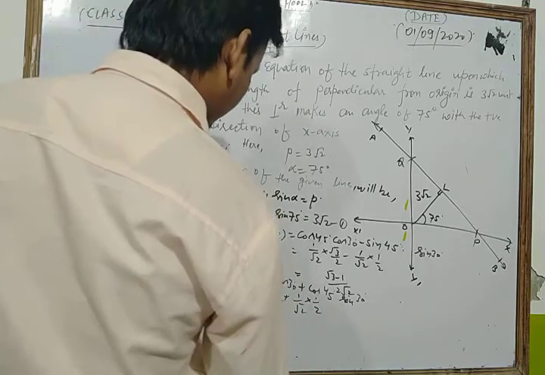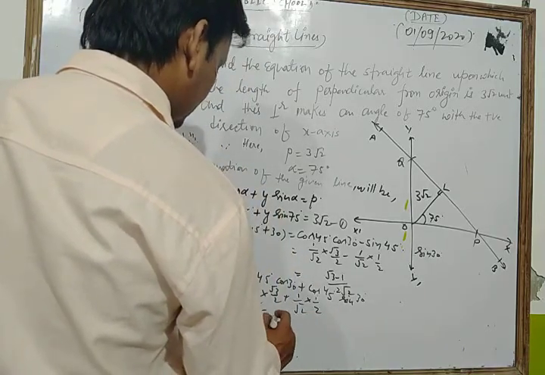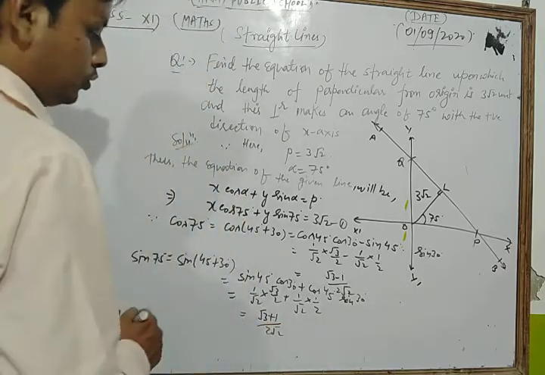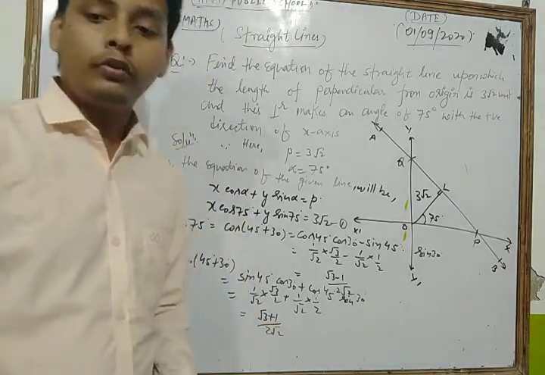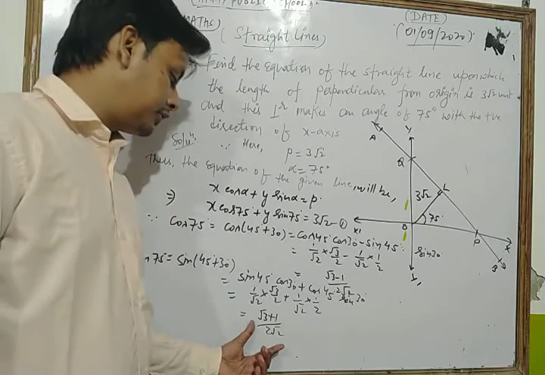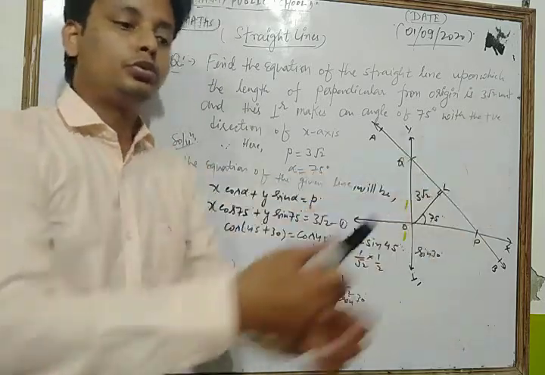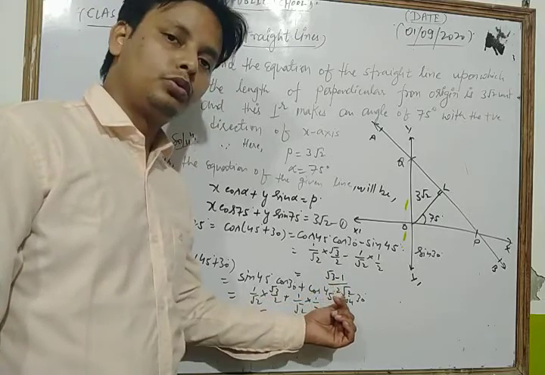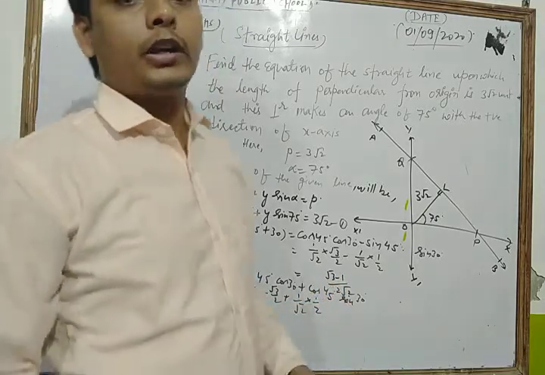Now we get root 3 plus 1 upon 2 root 2. Dear student, this is the value of sin 75 degrees, which is root 3 plus 1 upon 2 root 2, and the value of cos 75 is root 3 minus 1 upon 2 root 2. Now what do I do, dear student?